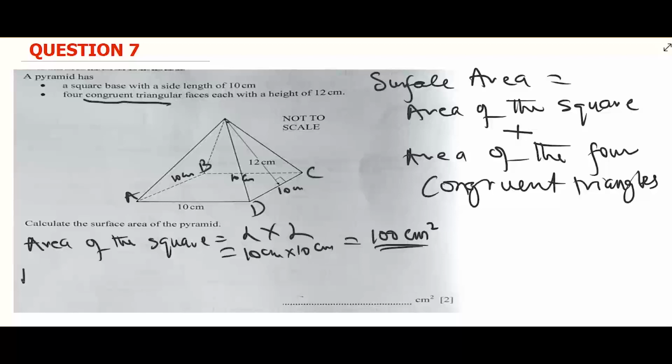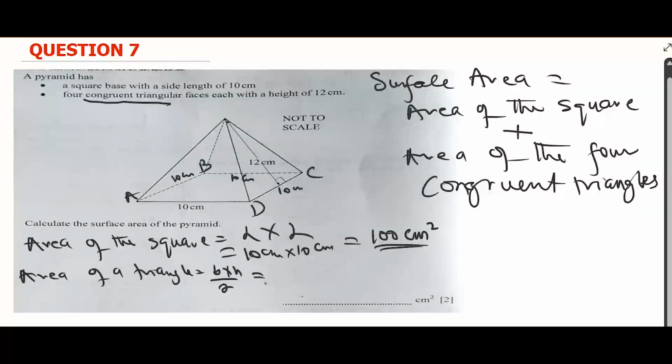So the area of a triangle will be equal to base times height over 2. So in this case, the base is what? It is a side of the square, which should be 10 centimeters, times the height.